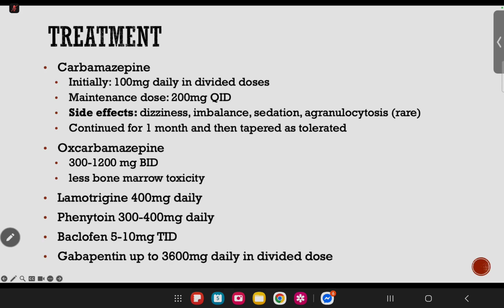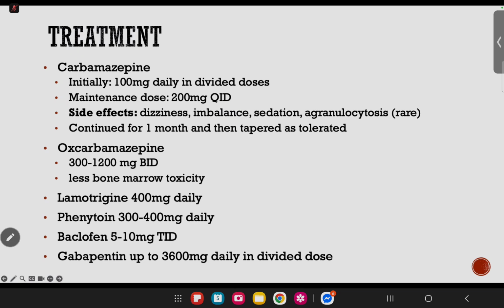Most patients require a maintenance dose of 200 milligrams 4 times a day. The most important side effects are dizziness, imbalance, sedation, and rarely agranulocytosis. If the treatment is effective, it is usually continued for 1 month and then tapered as tolerated.